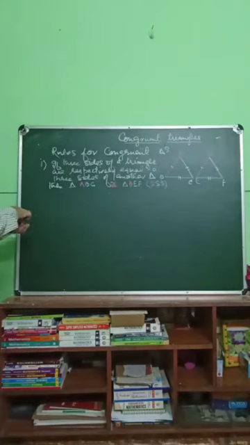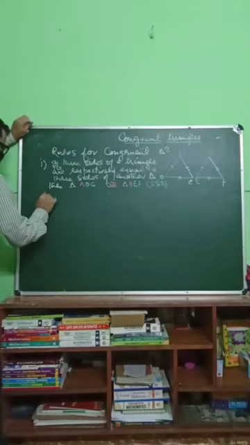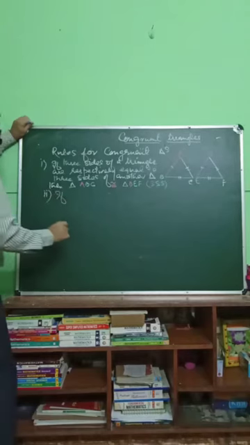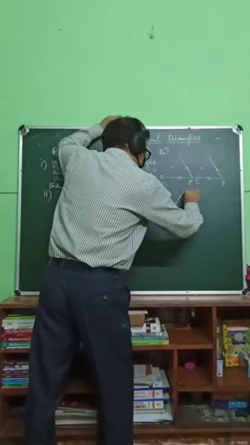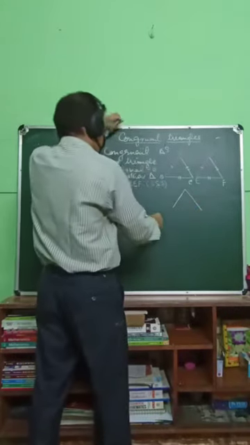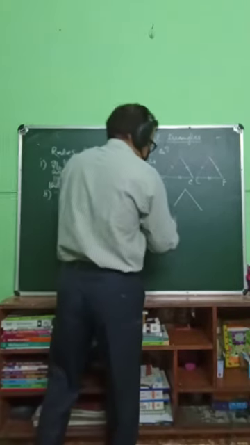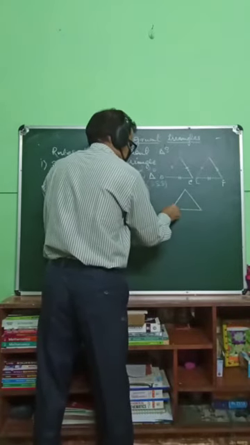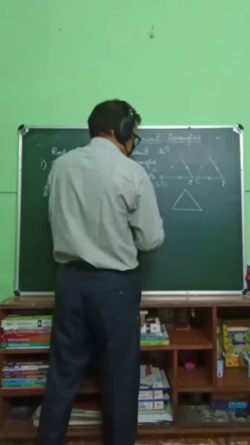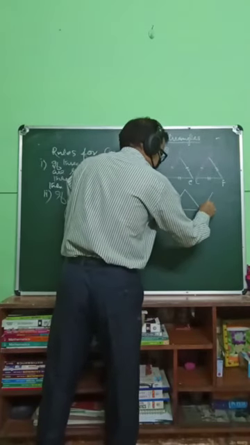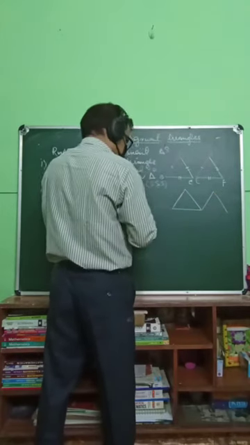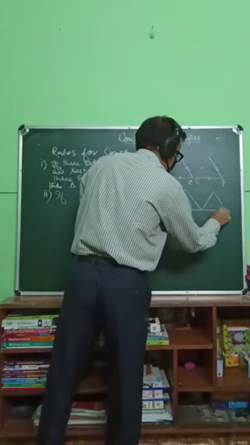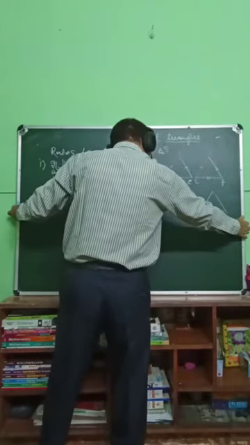Now the second one. I am going to make a triangle ABC, and another triangle I have made, DEF.